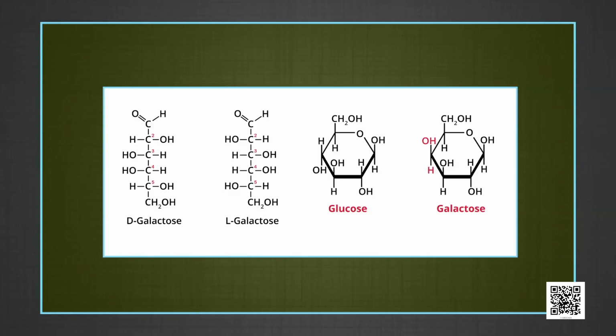But in galactose, the OH group at the 4th position is on the left hand side, and in ring form it is on the upper side of the ring. These two structures are very similar. The difference is only at carbon number 4, which carries the OH group.